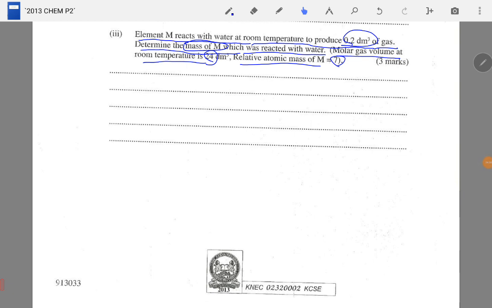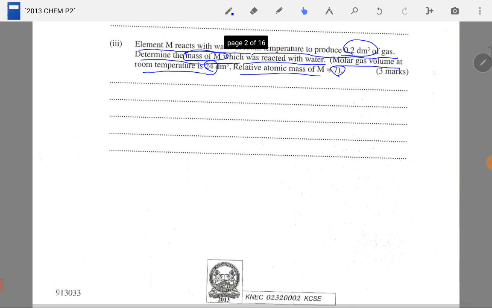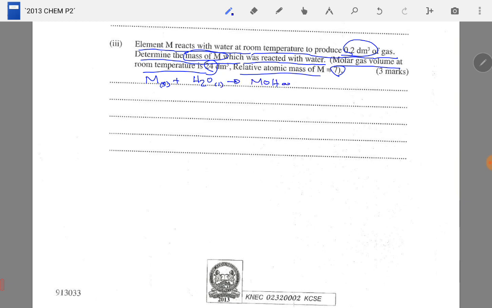We first write the equation. That is a solid reacted with water. It is at room temperature. And what you get is a hydroxide and hydrogen gas.